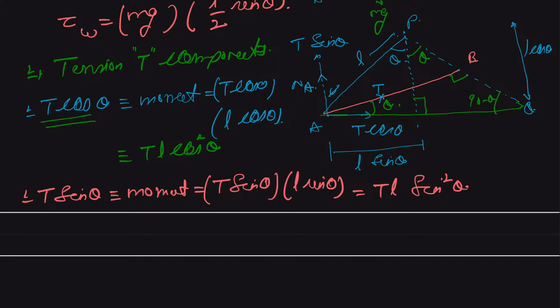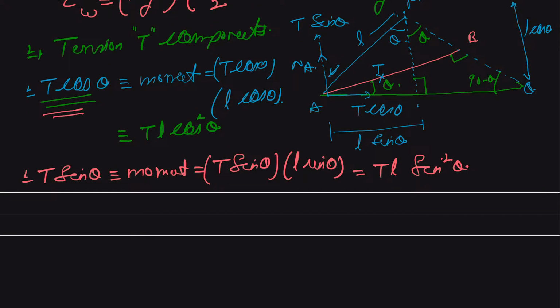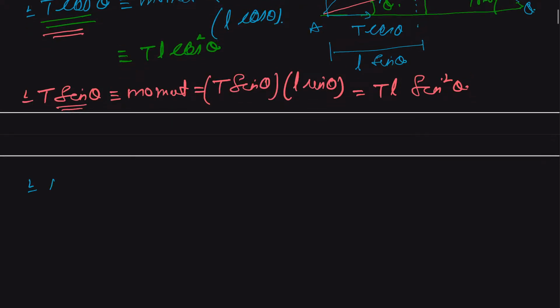And so these contributions, because of these two, T cos of theta, that is the horizontal one, and T sine of theta, that's the vertical one, we can find out the net torque. Therefore we can say the net torque, and let us call this the torque because of the tension T, will be equal to TL, we can take as common, and they will be in the opposite direction.